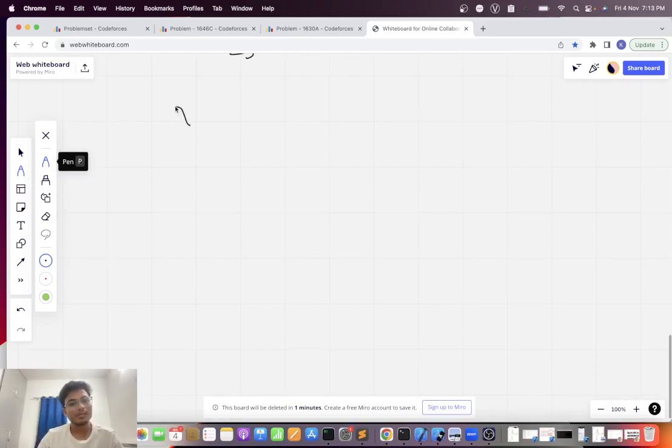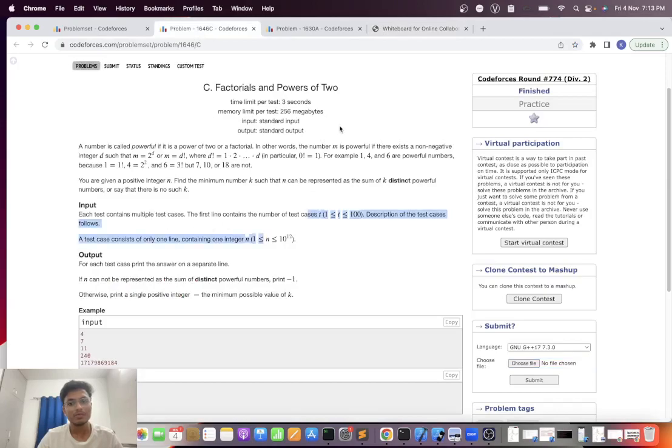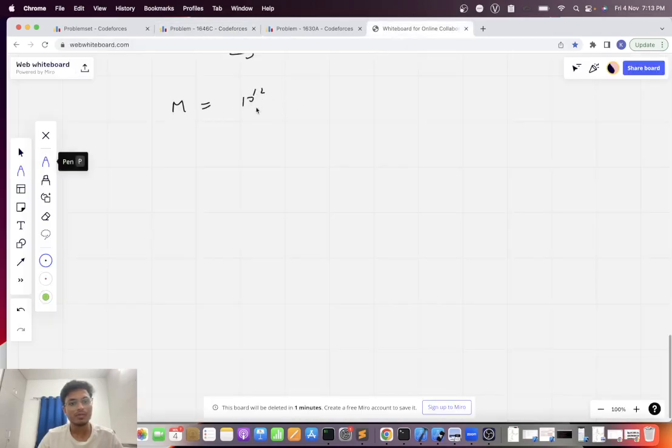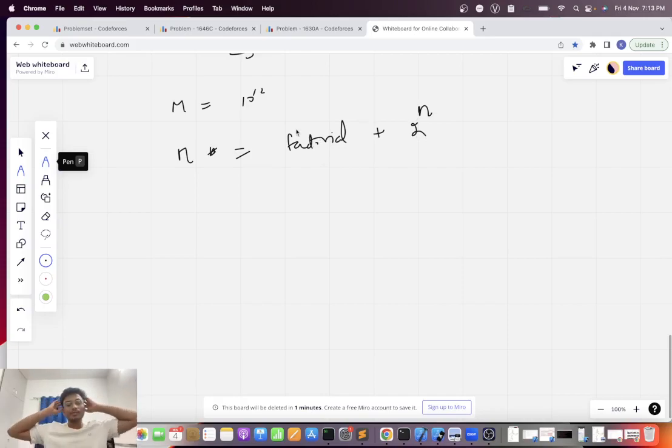we are just given any m number. So what is the range of m? The range of m is up to 10 to the power 12. So we have to represent m as a sum of some factorials plus some powers of 2. Okay, we need to represent m as the summation of both. So let me see how many factorials can be up to 10 to the power 12.